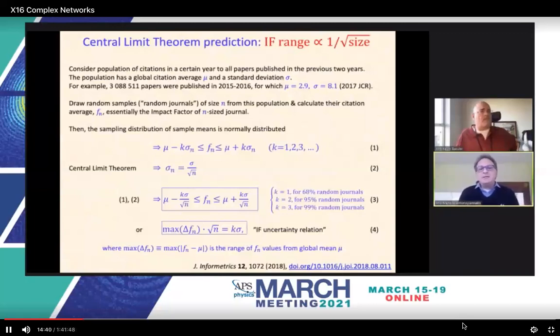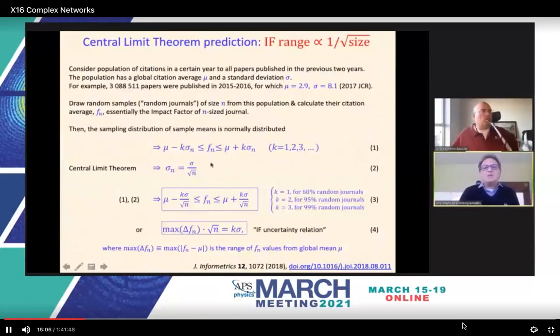In this case, the sampling distribution is normally distributed, and therefore this inequality holds. The citation average is bounded by mu, the global citation average, plus or minus k sigma n, where sigma n is the sample standard deviation, and k can be 1, 2, 3. If it's 3, then for random journals, this inequality covers 99% of journals.